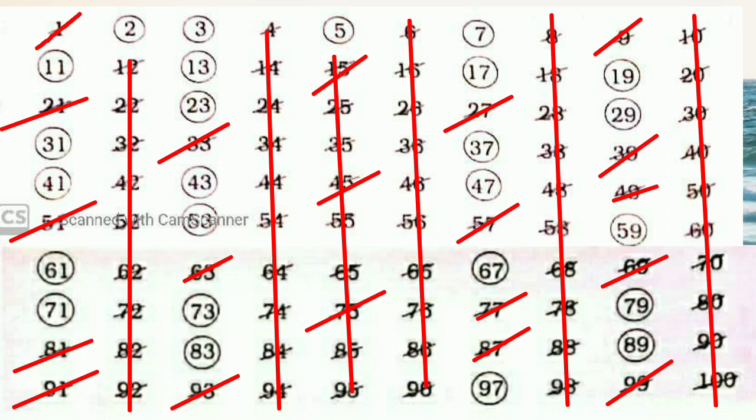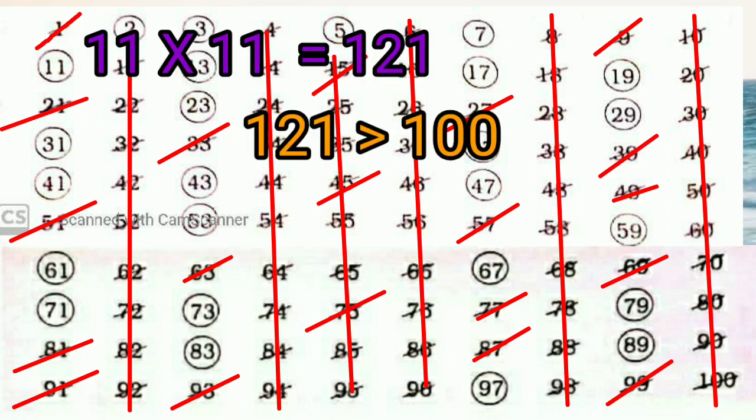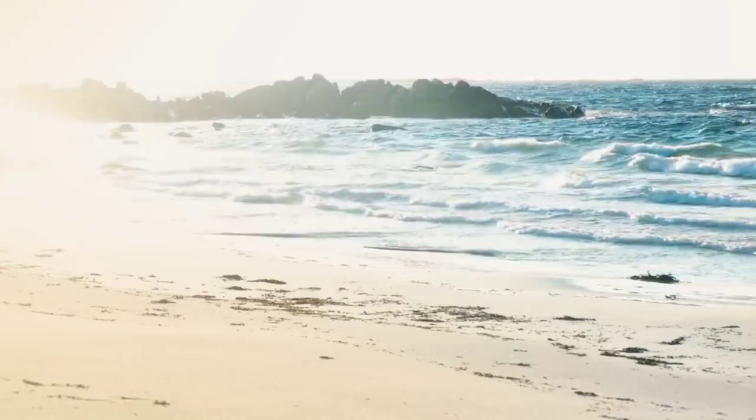That means 11 square is 121, which is greater than 100, the largest number given. We could not stop at 7 because 7 square is 49, which is not greater than 100. Hence this is the list of all the prime numbers from 2 to 100.